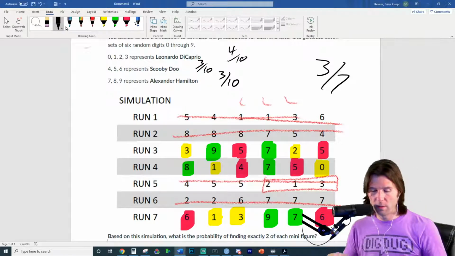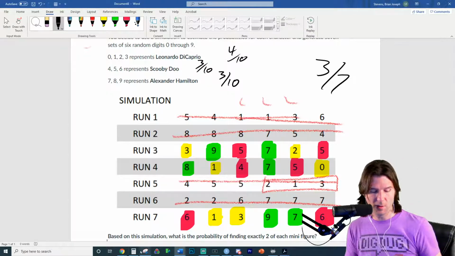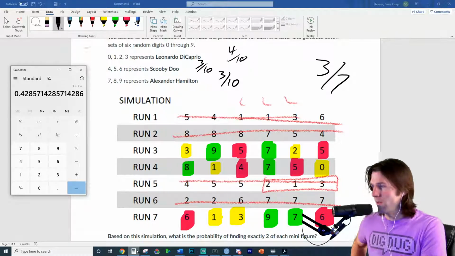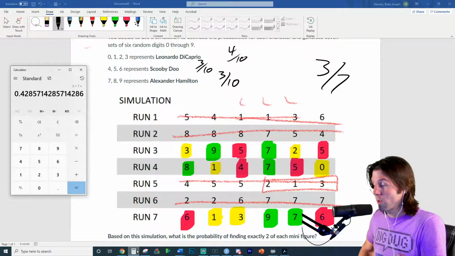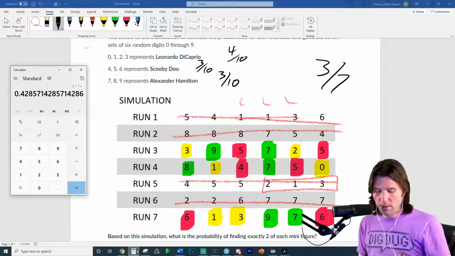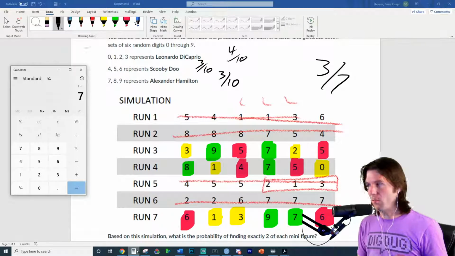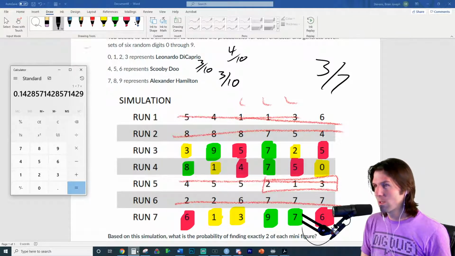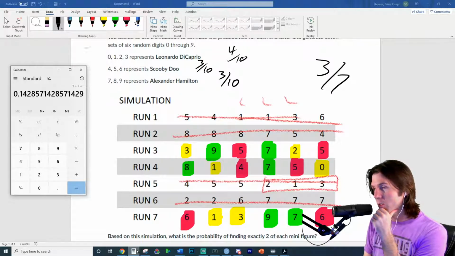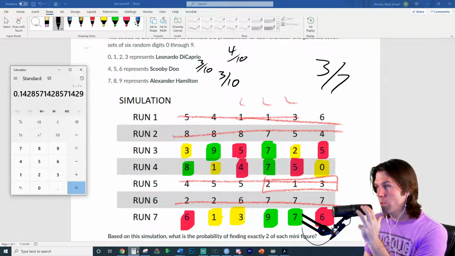42.52, I think. Let's find out. 42.85. I was off. I was close with the 42%, but couldn't get those decimals. The 1/7 is interesting because it's 14.2857 and it repeats.